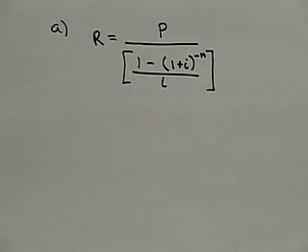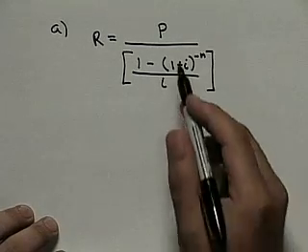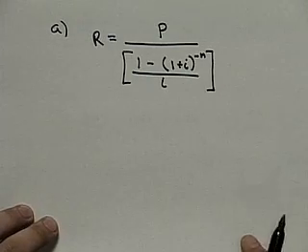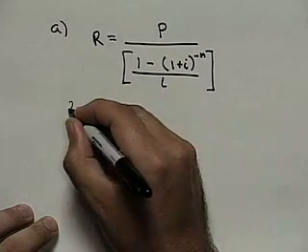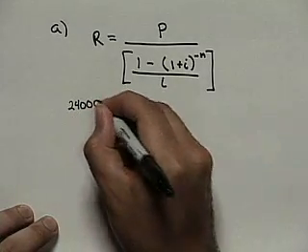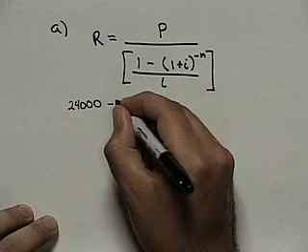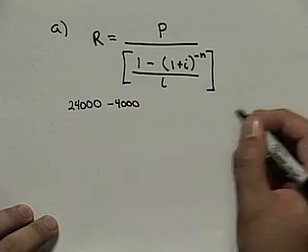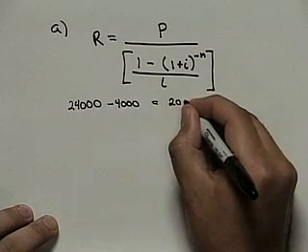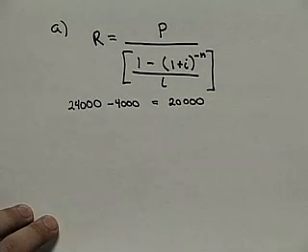So in order to do this, we need to take a look at our formula and figure out what each unknown stands for. So R is the payment amount, and that's what we're looking for. So we need to figure out what our value of P is. Now remember, this vehicle cost $24,000, but we started off by making a down payment of $4,000, so we can subtract $4,000 off of it right away. That means we're going to need to make a loan of $20,000. So our value for P is 20,000.